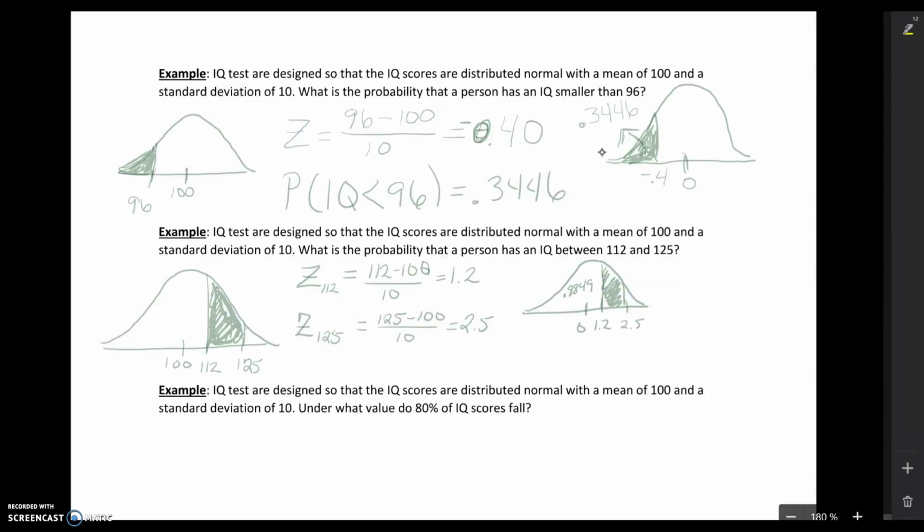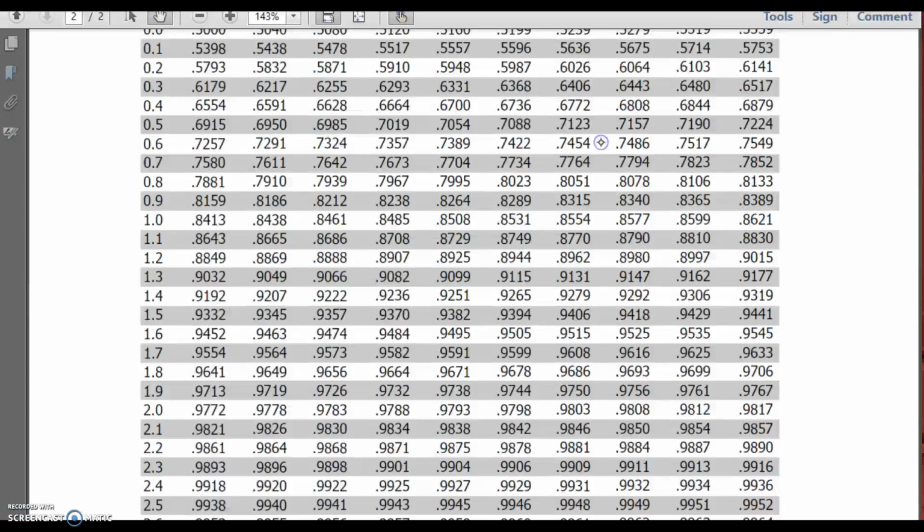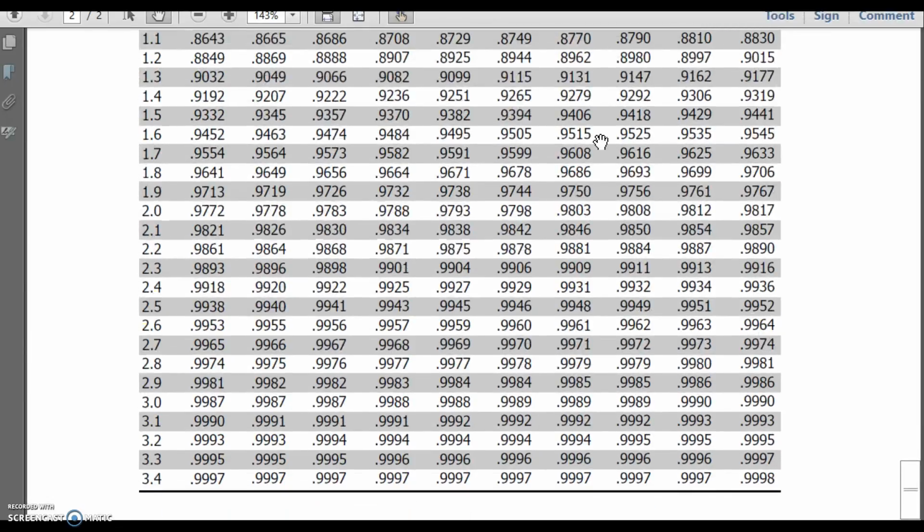Now notice when we look up 2.5 on the table, it's going to give me all of the area to the left of 2.5. So we go back to the table. Scrolling down to 2.5, we've got 0.9938.